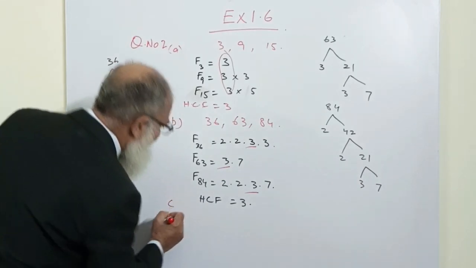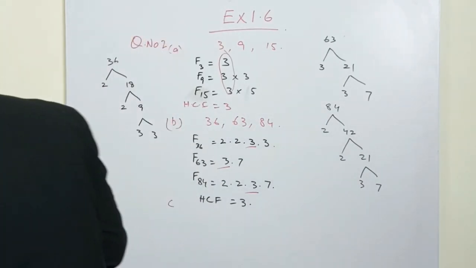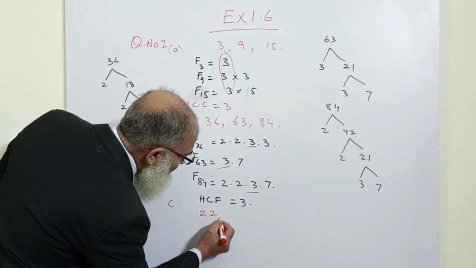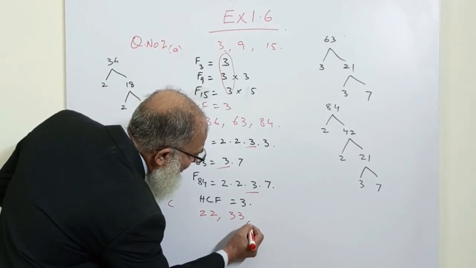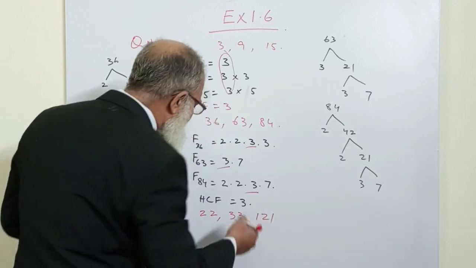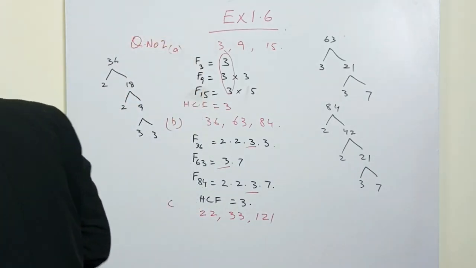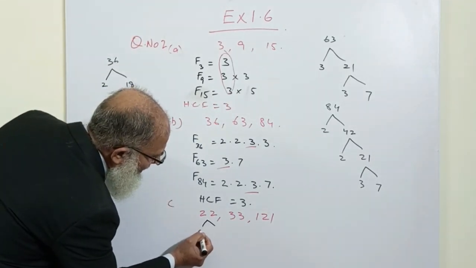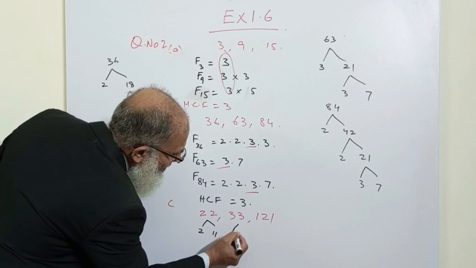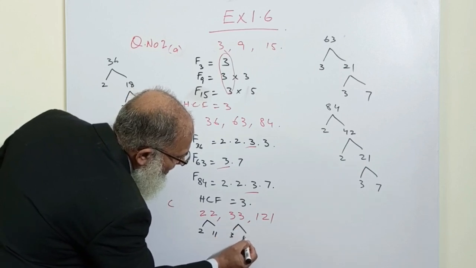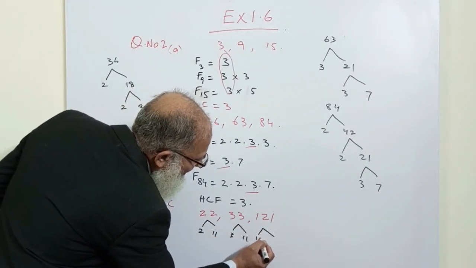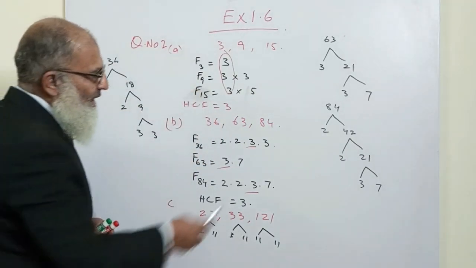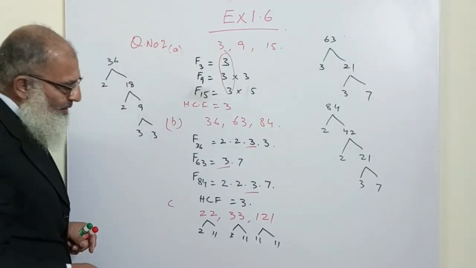C. I have to find the HCF of 22, 33 and 121. It is very simple again. It was so simple that I don't have to do it in the rough work.